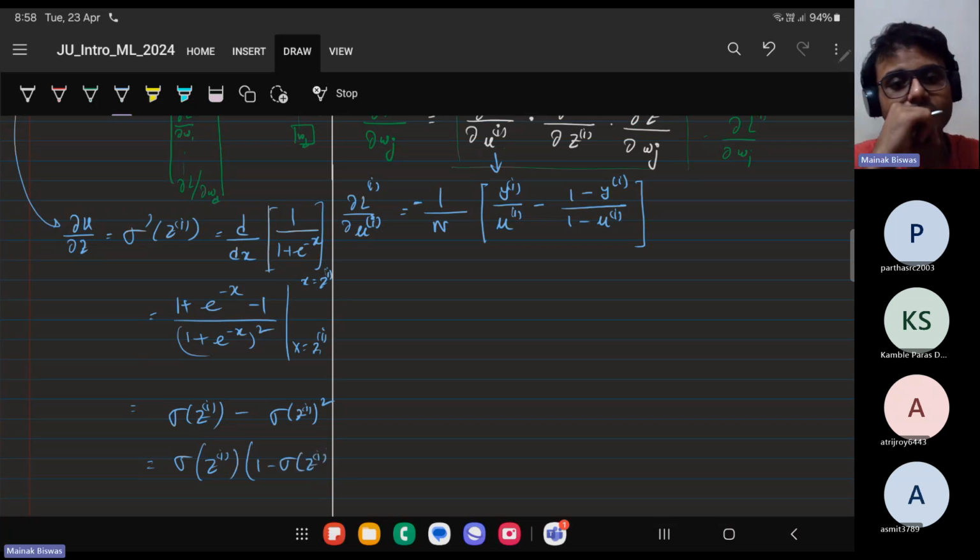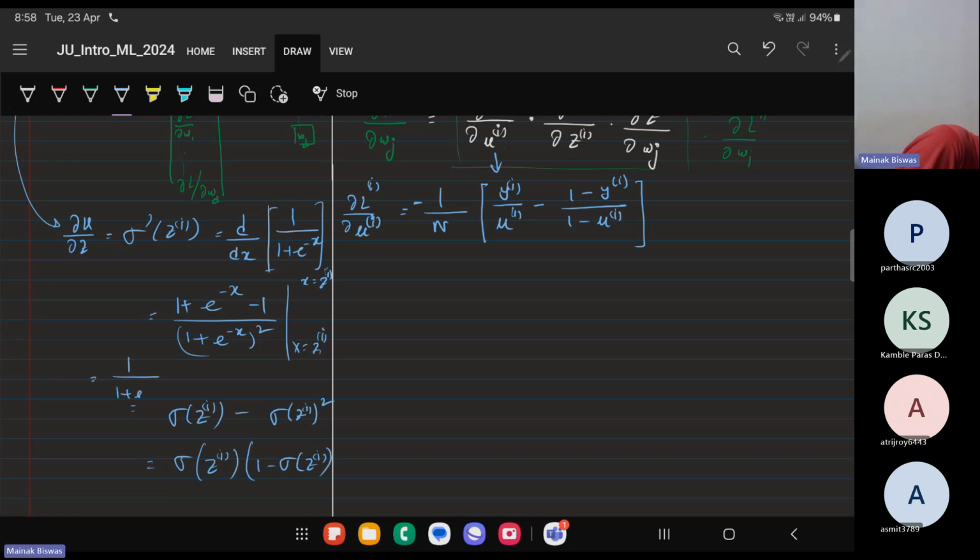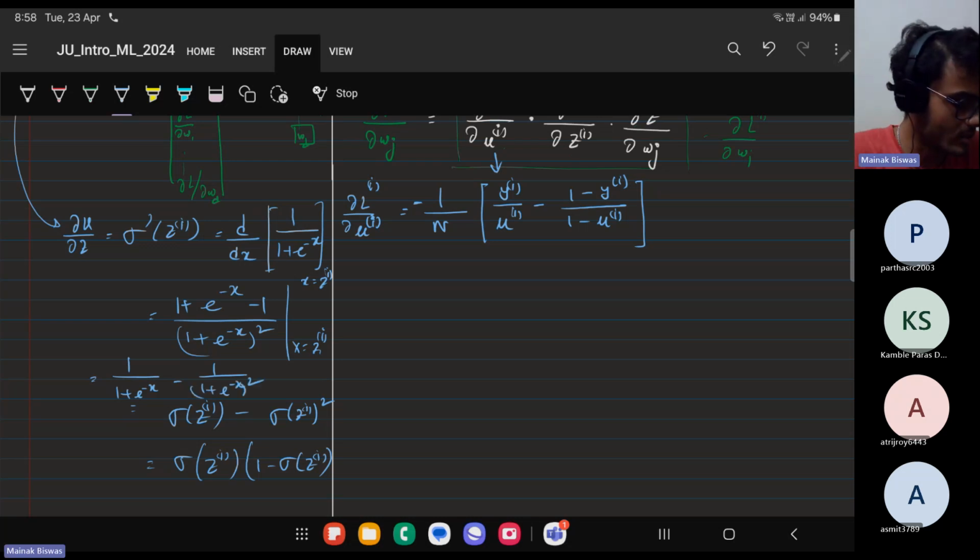Is this clear? If you're not clear, then 1 by 1 plus e to the power minus x, minus 1 by (1 plus e to the power minus x) whole square. Now do you see that there is no closed form? The derivative does not have x and y separable.